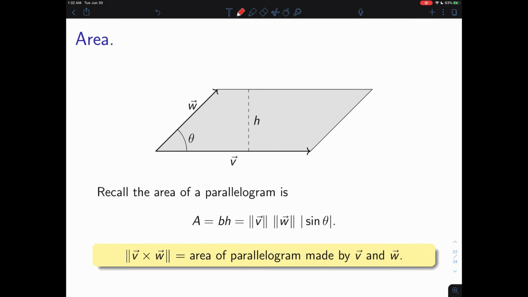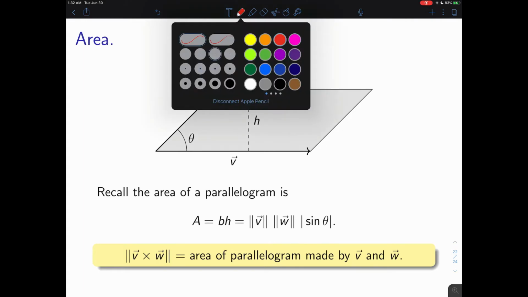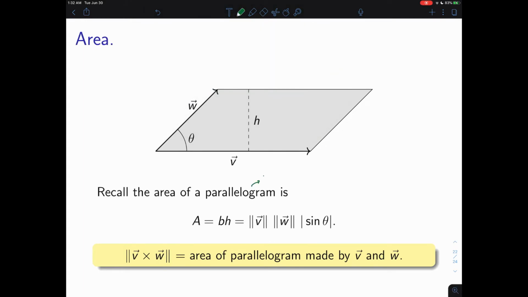Closing thoughts on cross product, some tie-ins with area and volume. This is a parallelogram. It's sort of a tilted rectangle.